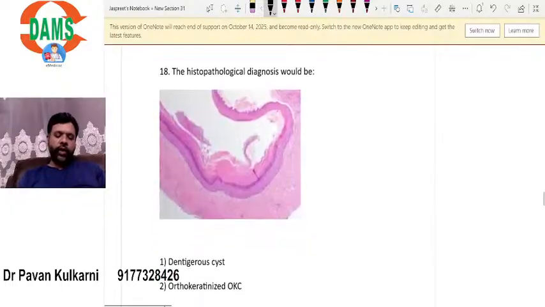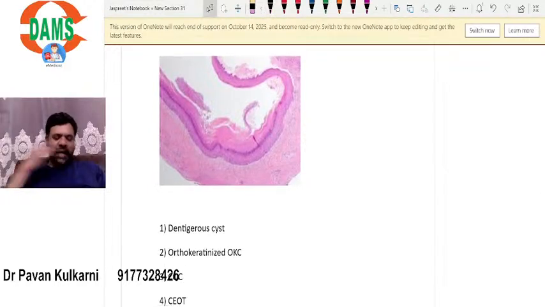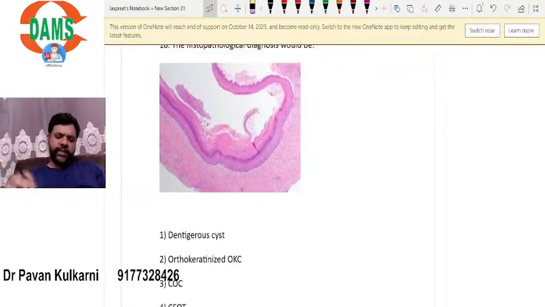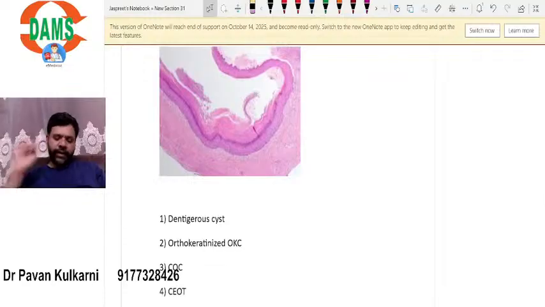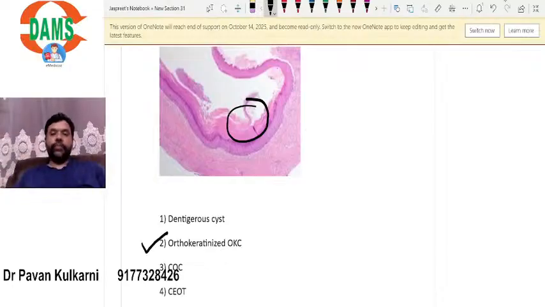Okay, next moving on to the histopathological diagnosis. Classically if you see these patients, there is a cystic space, there is lining epithelium, and there is keratin inside. This is keratin that you can see here, and the keratin has got no nuclei. Obviously it is orthokeratinized epithelium, and it is orthokeratinized OKC.